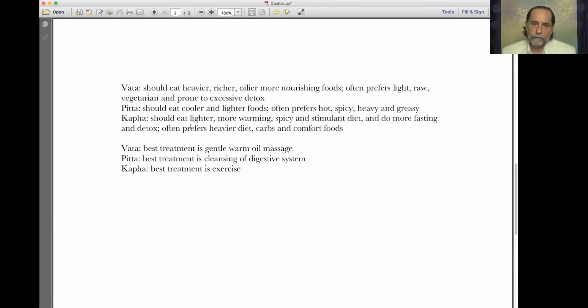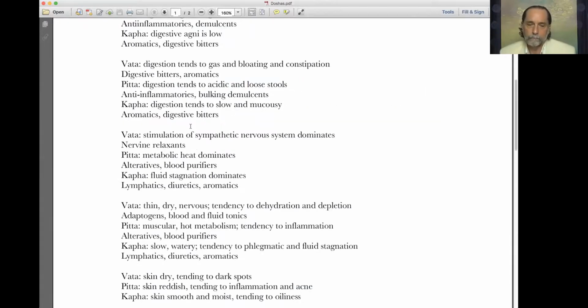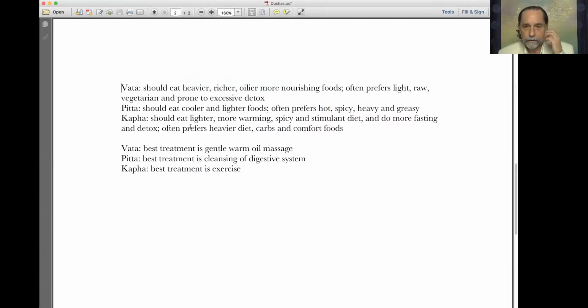Now, here's a little interesting thing about our human nature, and that is that every constitution needs something, and every constitution is attracted to its own poison. So Vata people need heavier, richer, oilier, more nourishing foods, but they're the ones that often want to eat the salad all the time. And they're the ones who are prone to excessive detox, okay? Vata people will do excessive detox.